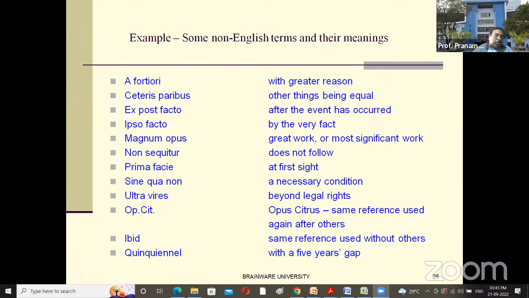Op. cit., this is very much used in the thesis or other works. Op. cit. and Ibid. Op. cit. means opere citato, that means same reference used again after others. And Ibid, I will show you the difference.